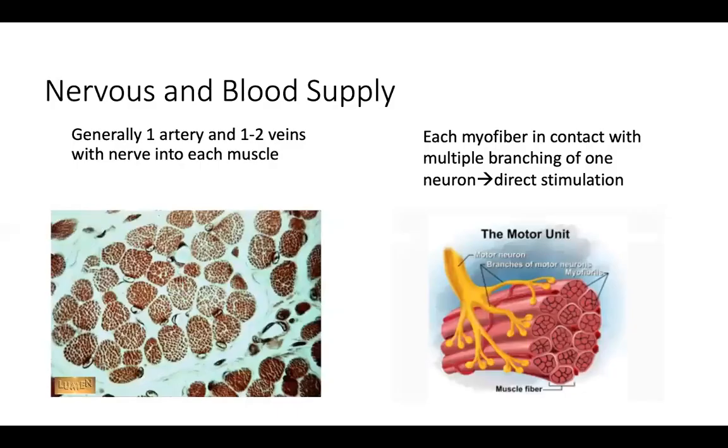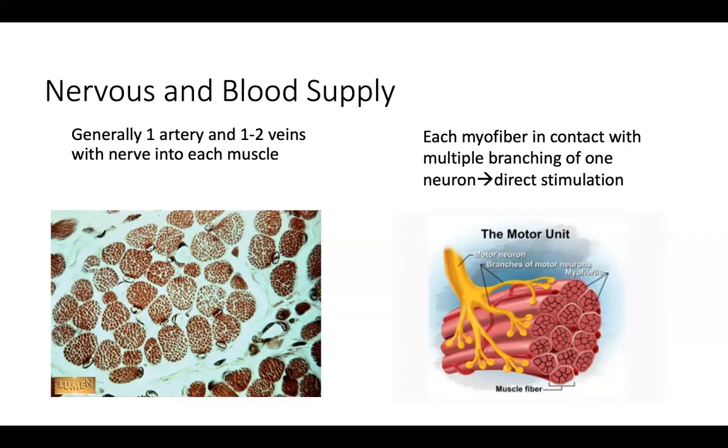Okay, so muscles are innervated and they receive nourishment from the blood. There's generally one artery per muscle, one to two veins, and a nerve that's identified as the one that's going to communicate contraction.